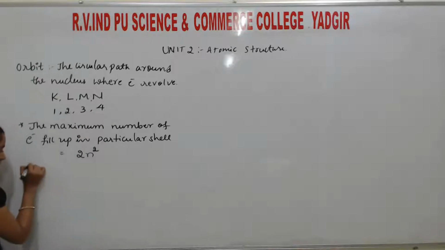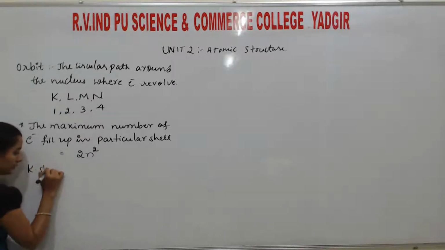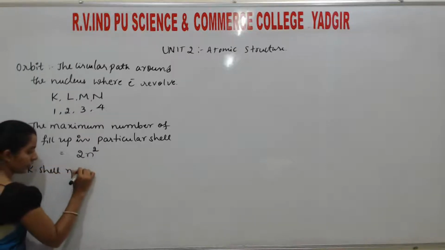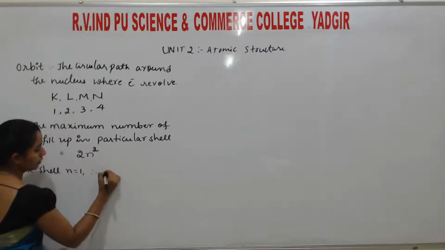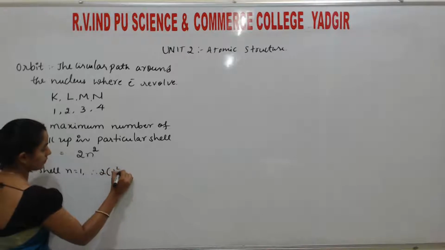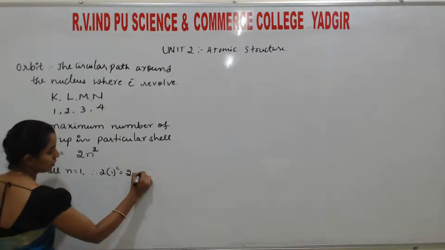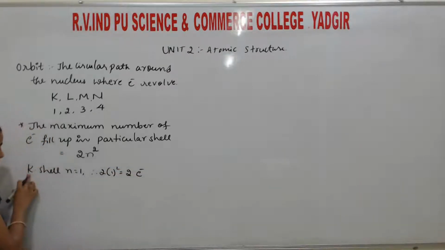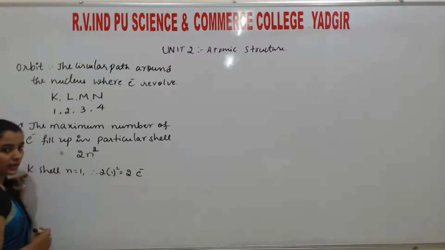So for K shell, n is equal to 1. Therefore, 2 into 1 square, that is 2 electrons can be filled.